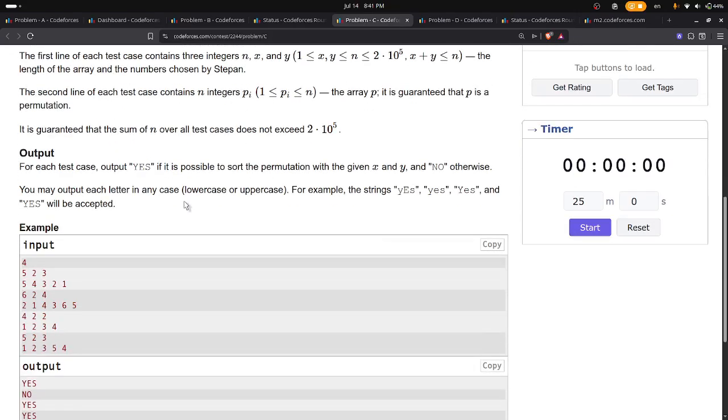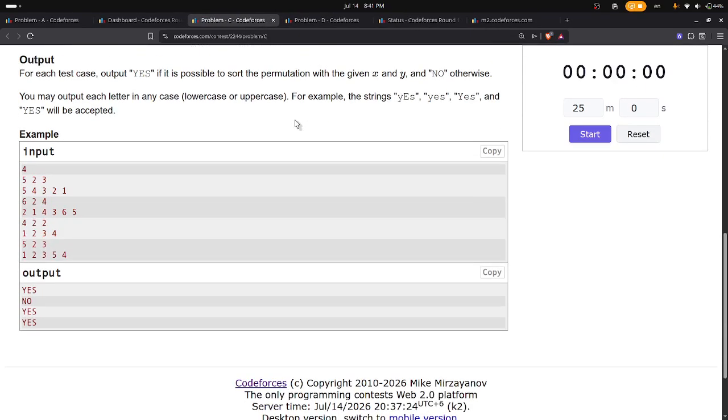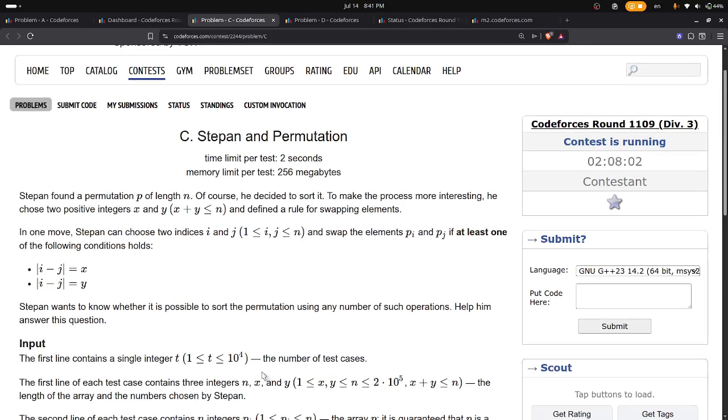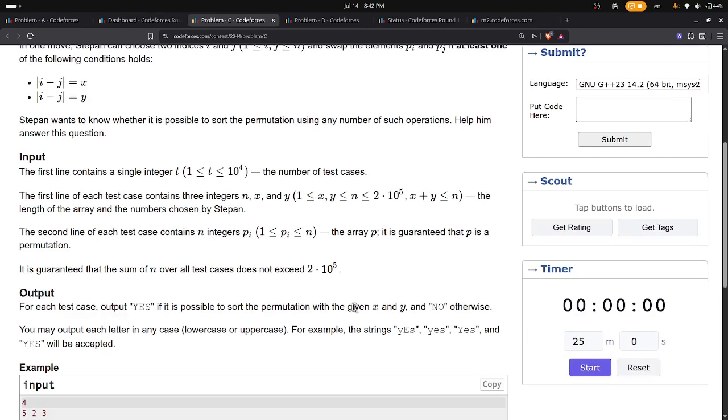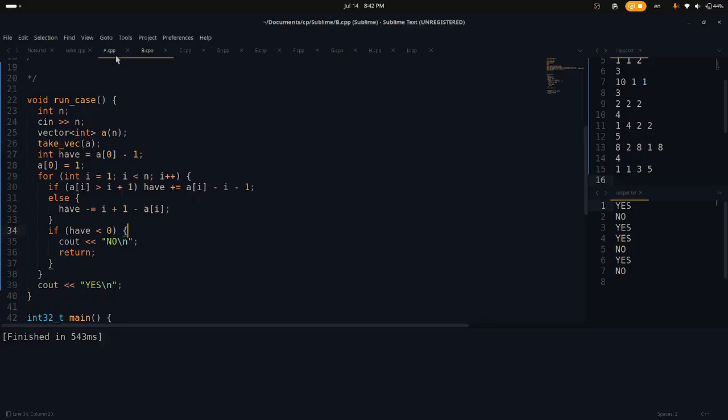Okay, x and y are already given, right? Two, right? And okay, I think if z is equal to 1, then it's always possible. Otherwise, we need to do something. Since it is a permutation, each of the elements is unique. We know what to do.